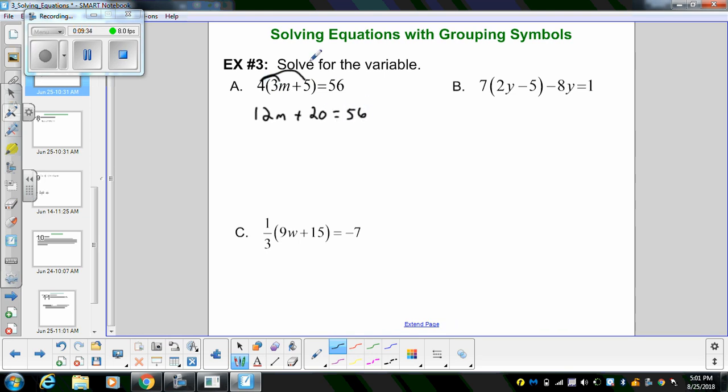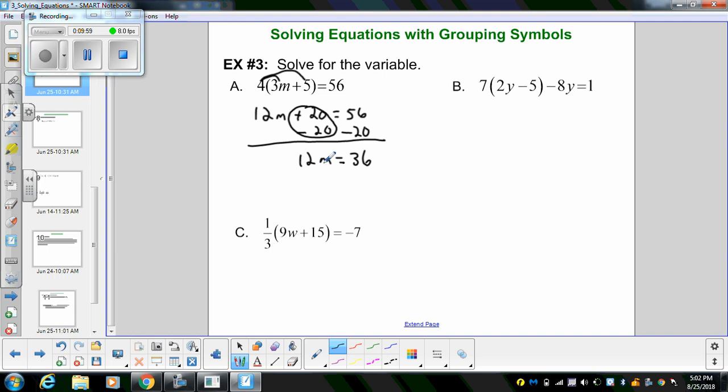Now I didn't multiply 4 to 56 because it was not in the parentheses. Now I can do what my steps were. Get rid of the constant first. So the inverse of adding 20 is subtracting 20. So it goes away, and I'm left with just 12m. 56 minus 20 is 36.